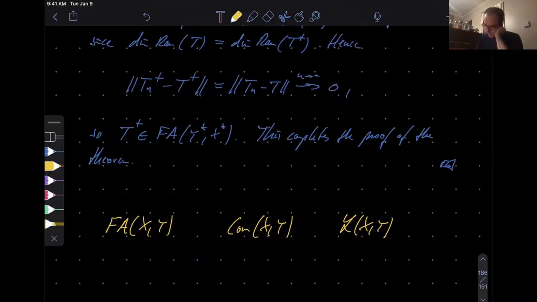Okay, so now what we have shown so far is this and this inclusion, and we also know that in general, if for instance these are infinite dimensional Banach spaces, then not every bounded linear transformation is a compact linear transformation. So that means this is a proper inclusion here on the right.